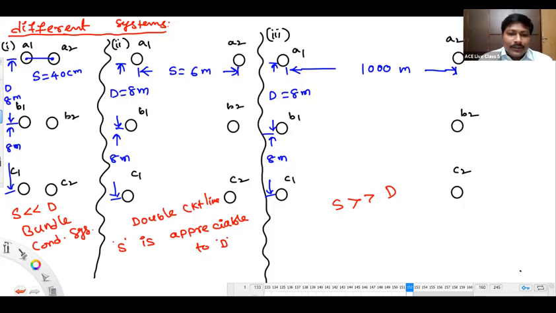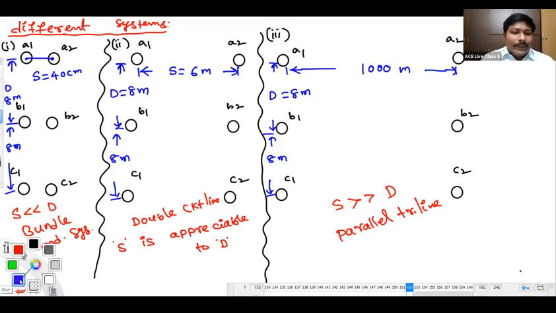This system we generally call a parallel transmission line system.